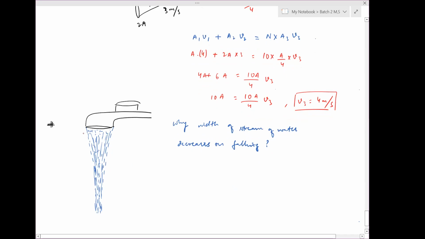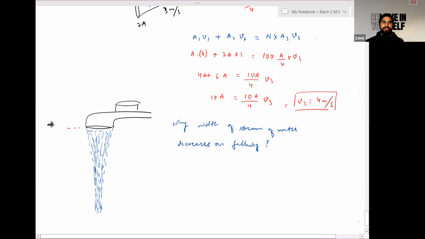Just suppose this is the initial level of liquid. At any instant, it will be at this point, and at some other instant, it will be at this point. Now just consider this flow of liquid as a free falling particle.